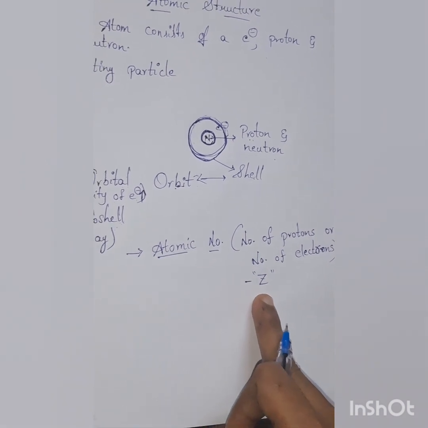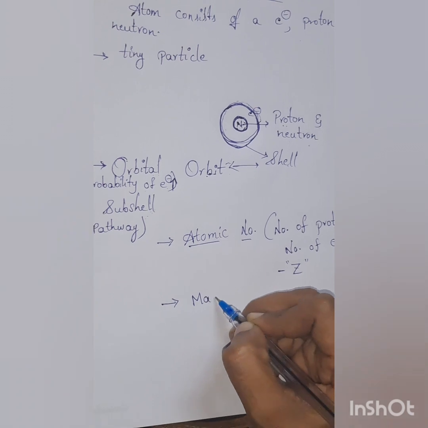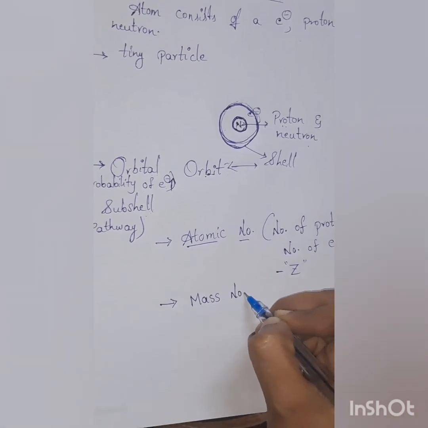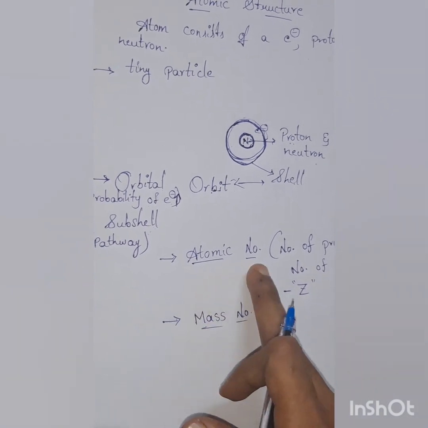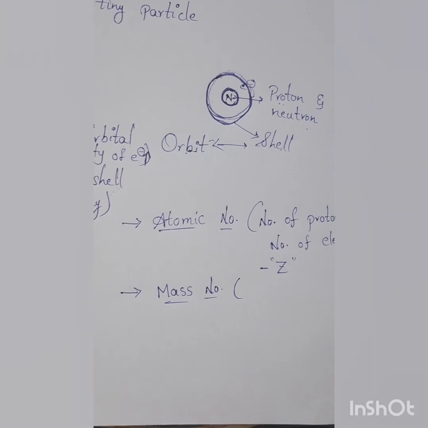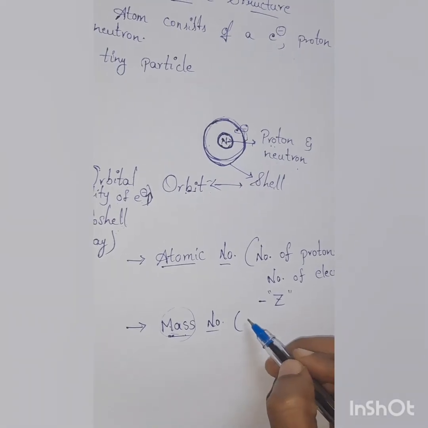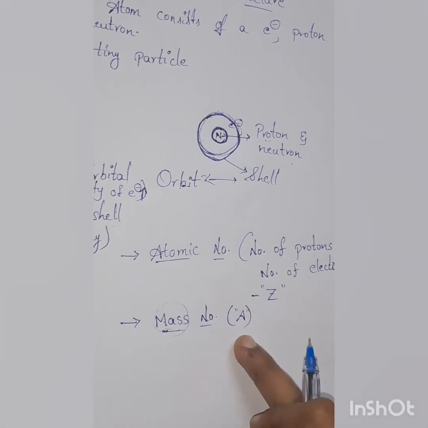Now coming to mass number. Okay, dear children, if you have to define mass number, we have to consider protons and neutrons. If you want to define mass number, we have to take protons and neutrons.